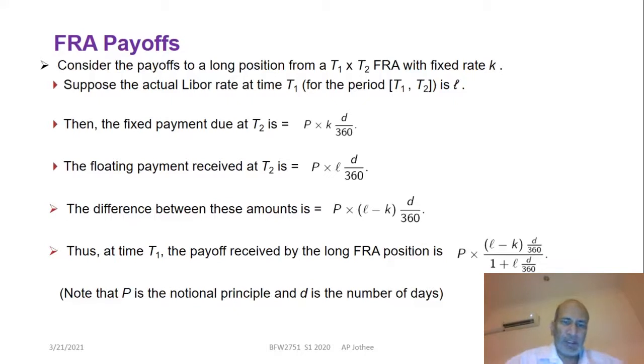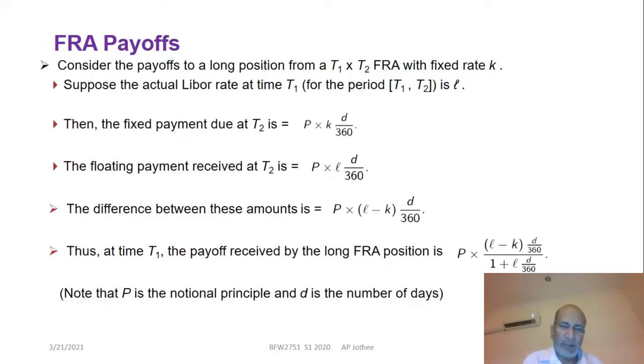Suppose the actual LIBOR rate at time T1. You know very well, from now, time 0, to T1 is the time where we are trying to hedge. Because once you go into T1, you will borrow or lend at T1 until T2, where there is the effective interest rate period. But you are worried between now and then.